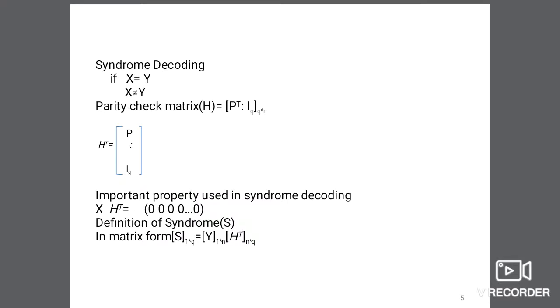Here we will discuss syndrome decoding. It is a method to correct errors in linear block coding. We transmit code vector x and the corresponding received vector is y. If x is equal to y, it means no transmission error.